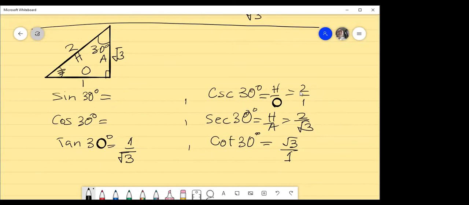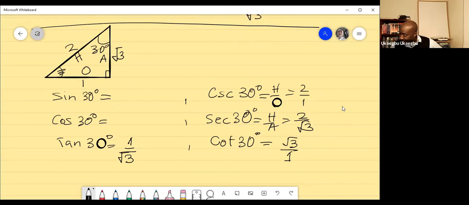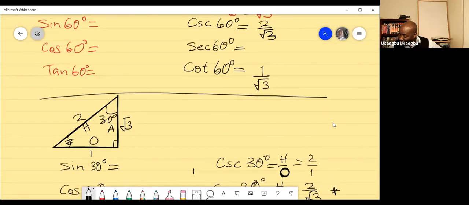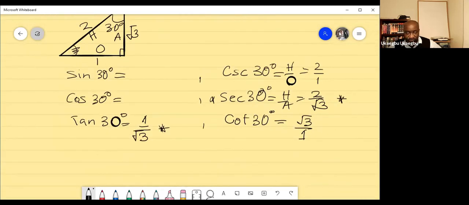Now let's do one thing. Look at the ones I'm going to asterisk. All these ones that have a square root sign on the denominator. We are going to do what is called rationalizing the denominator. So that's how to evaluate it.